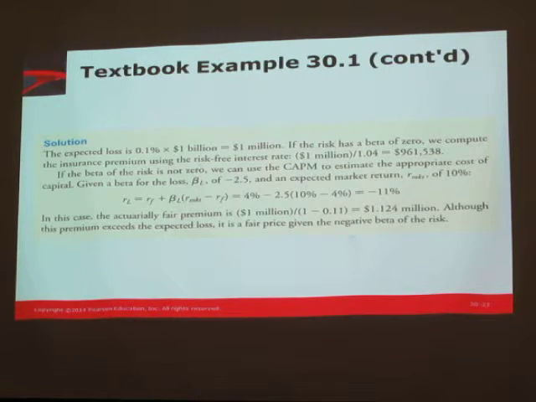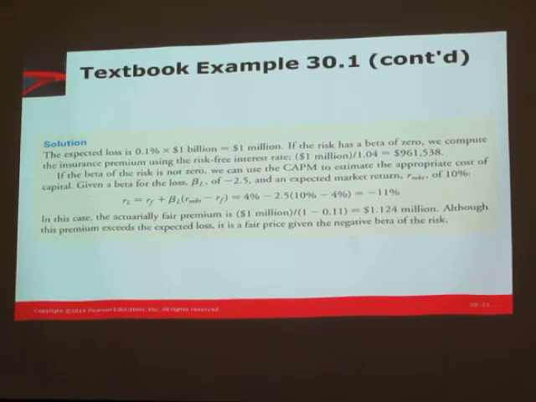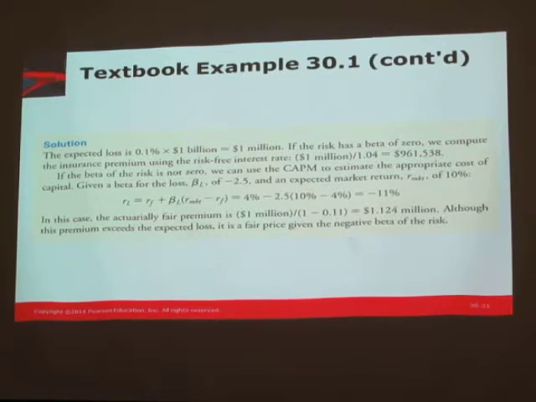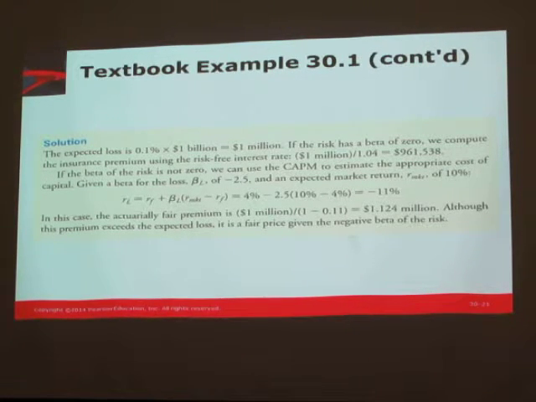Then we calculated the risk of loss, R sub L, by using the CAPM: 4% risk-free rate minus 2.5 beta times the 10% expected market return. 4% minus 11% was the risk of loss. Take the $1 million divided by 1 minus the risk of loss. So my insurance premium, as long as it's less than my actual fair premium calculation, I'm okay.